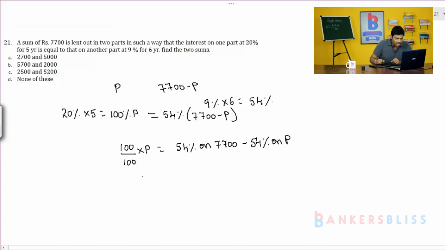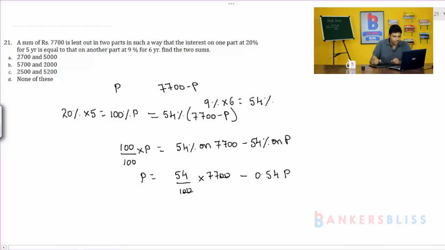So, 100 by 100 P, P is equal to 54 by 100 into 7700 minus 0.54 P. 54% means 0.54.